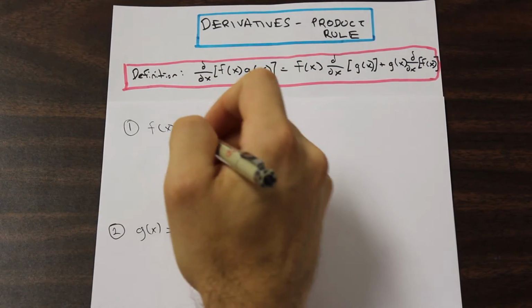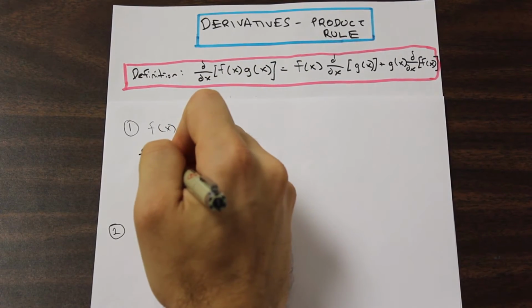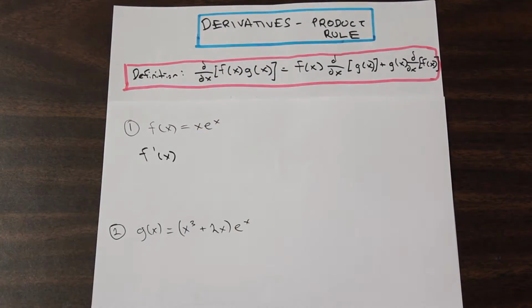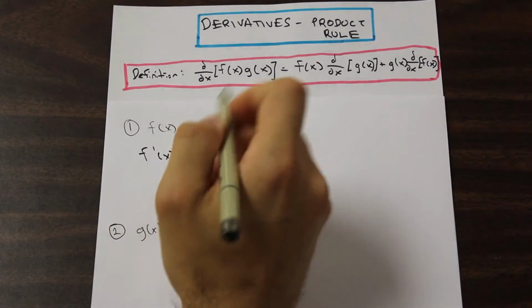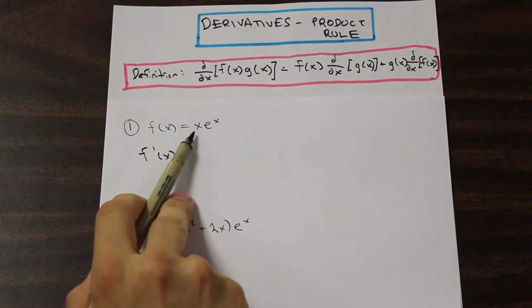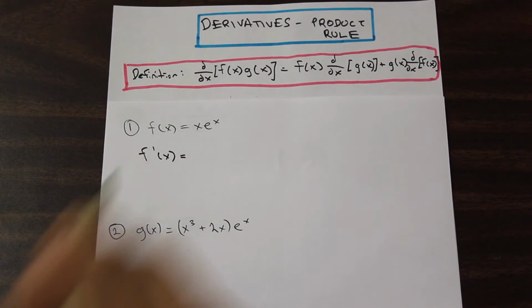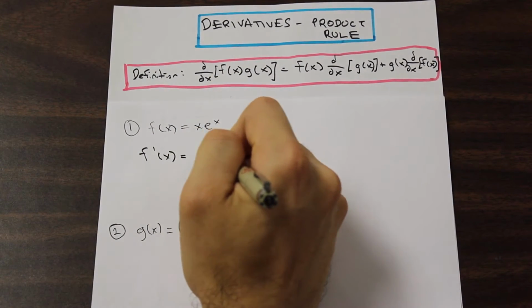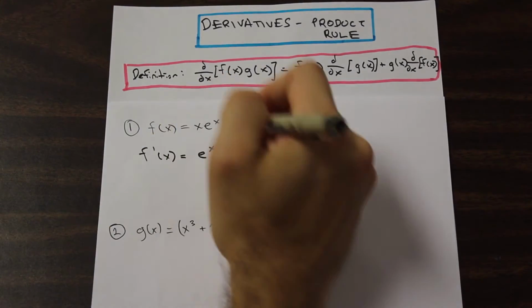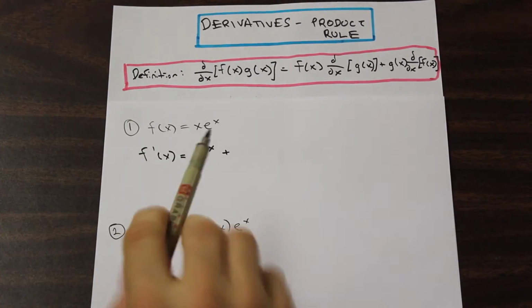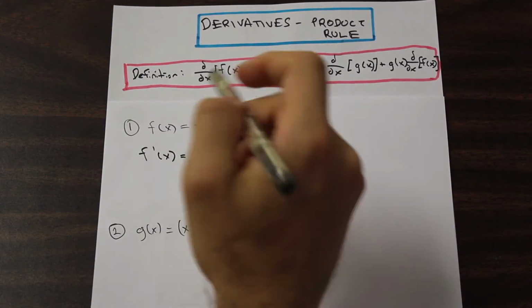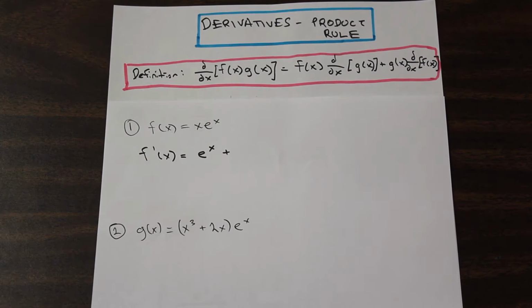Simple enough. We are going to start by writing f prime of x, signifying that this is the derivative, and we're going to take the derivative of the first term, x, and the derivative of x is just 1, so we're left with e to the x, plus, now we're going to take the derivative of the second term, e to the x, and as we discussed in an earlier video, the derivative of e to the x is always just e to the x.